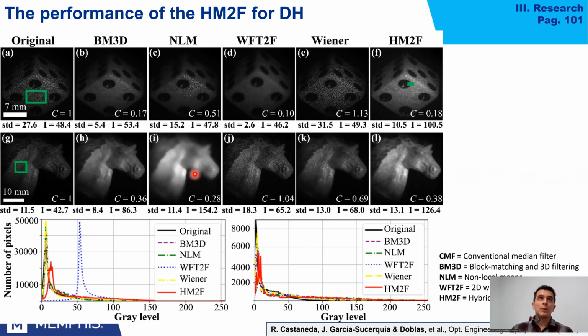However, by the BM3D, the reduction is 0.36, and by our proposed method it is 0.38, and the information of the horse is preserved in the image after applying those methods.